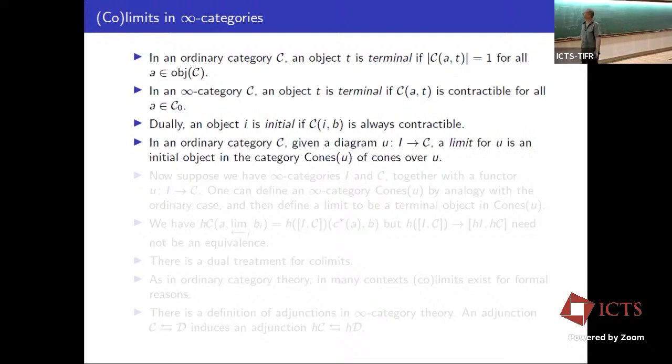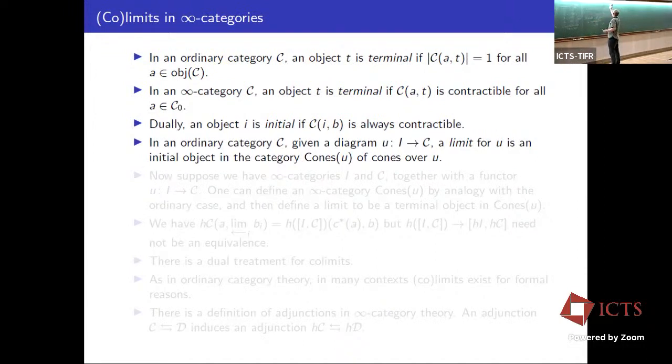Then in ordinary category theory, all limits can be thought of as terminal objects in an appropriate auxiliary category. You've got a diagram U from some indexing category I to C, so a functor U from I to C. Then there's this category of cones. Maybe you have a reminder of that.